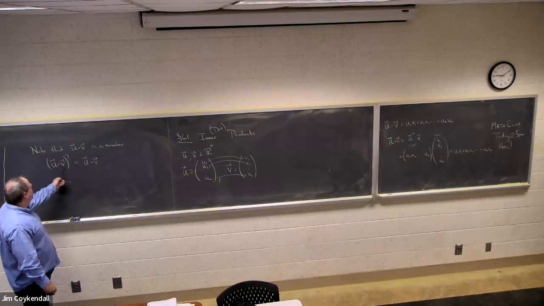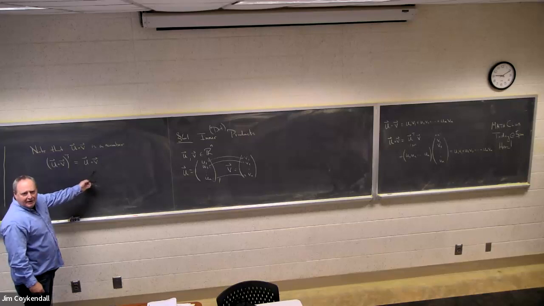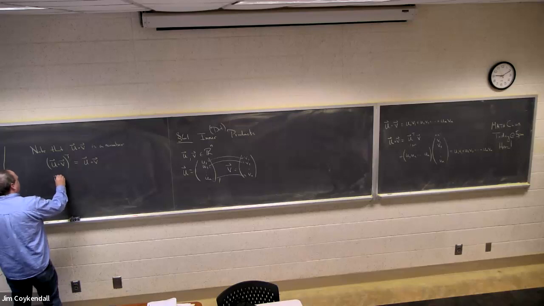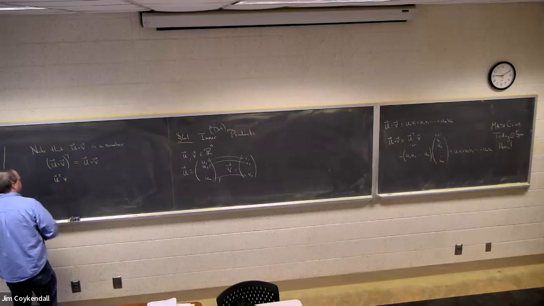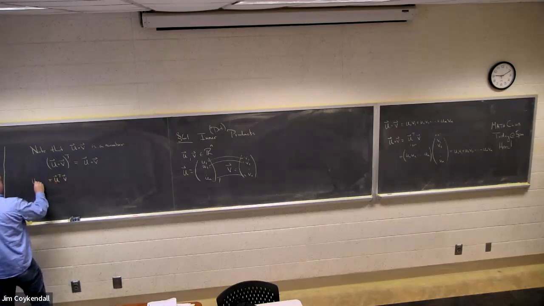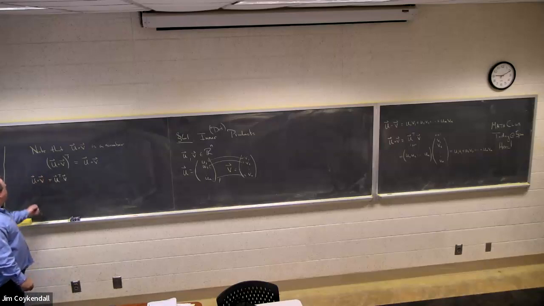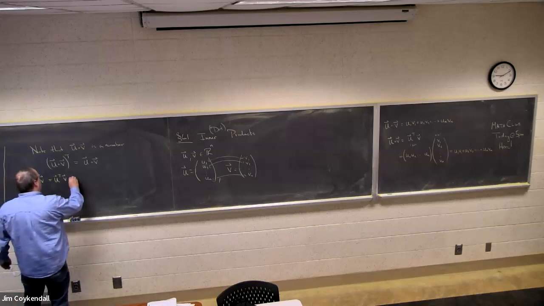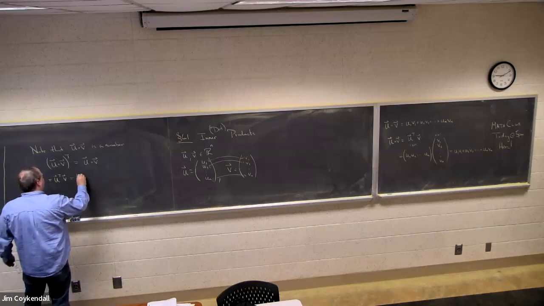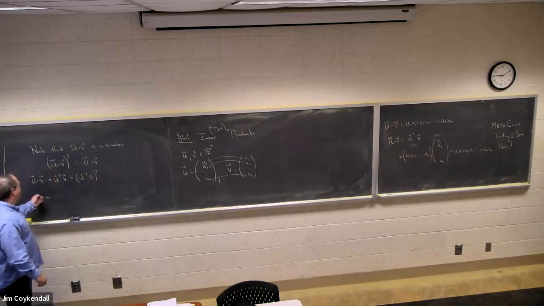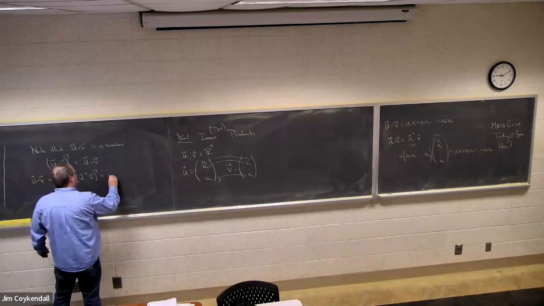Because if you transpose a number, it's just the number, right? So what's the point of this? Well, U dot V is U transpose V, and this is equal to its own transpose, because this number should equal its own transpose.